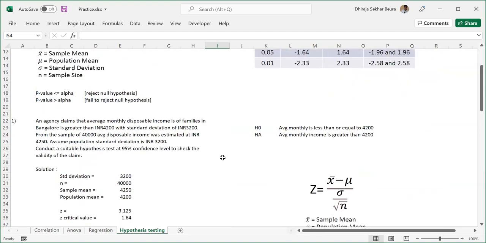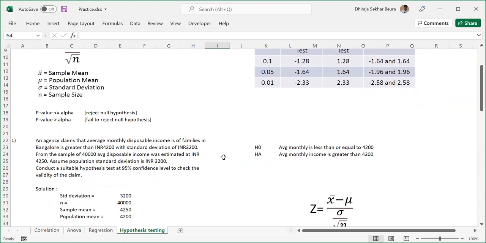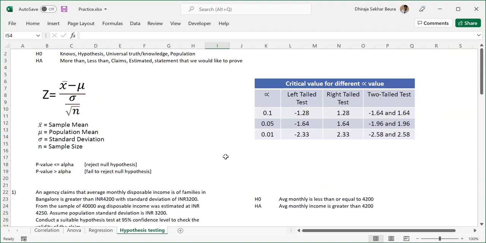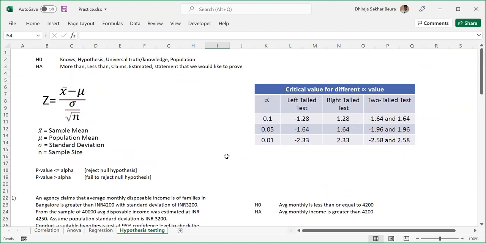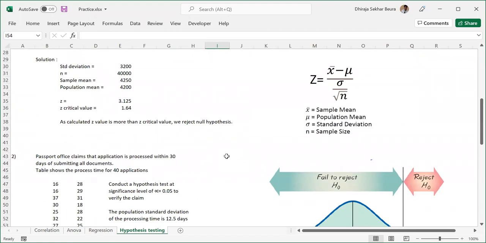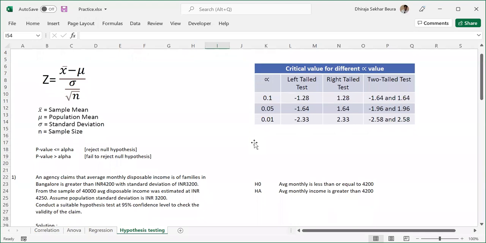So guys, it depends on how you look at it, right? If it's a right-hand tail, the Z value which comes, that's what I was telling. Can you go to the figure, Dheeraj? So that Z value of 3.125, go to the normal distribution curve.